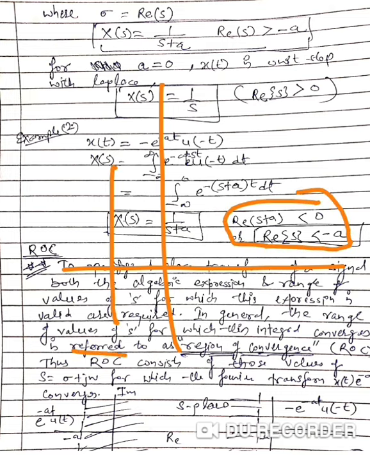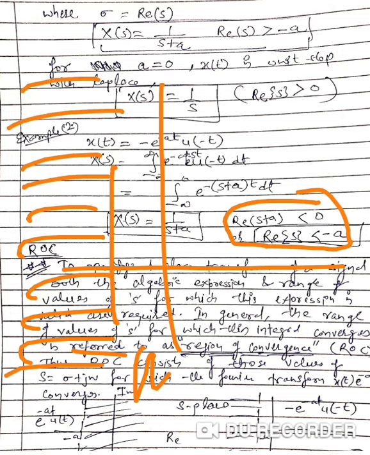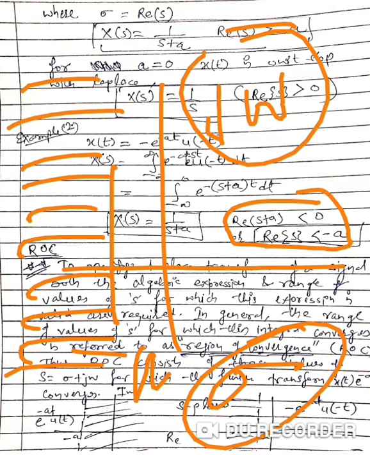So minus a is over there, and the region of convergence, that is the region for which the Laplace transform of x(t) will exist, will come out to be this. So the region of convergence depends only on the real value of the complex variable s, that is sigma. It does not depend on the imaginary value j omega. It depends only on sigma.